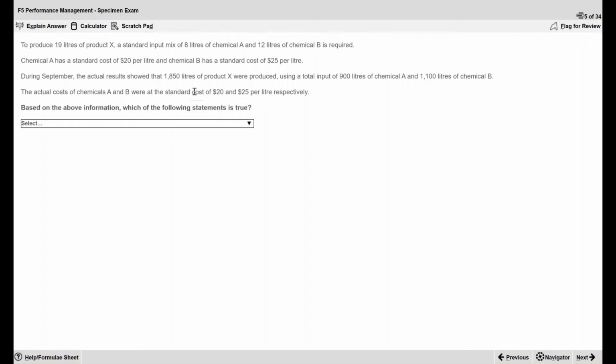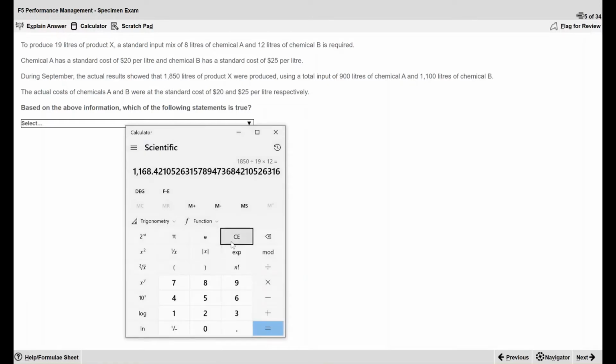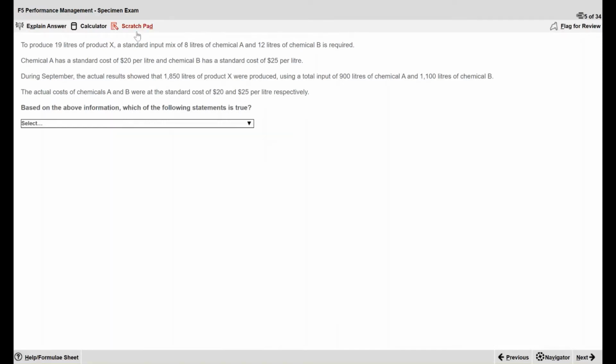So let's look at yield variance. We have 1850 liters again, divided by 19 multiplied by 8, which will give us total liters, 778.9 liters, make it 780. I'll write it here so that I don't forget it.